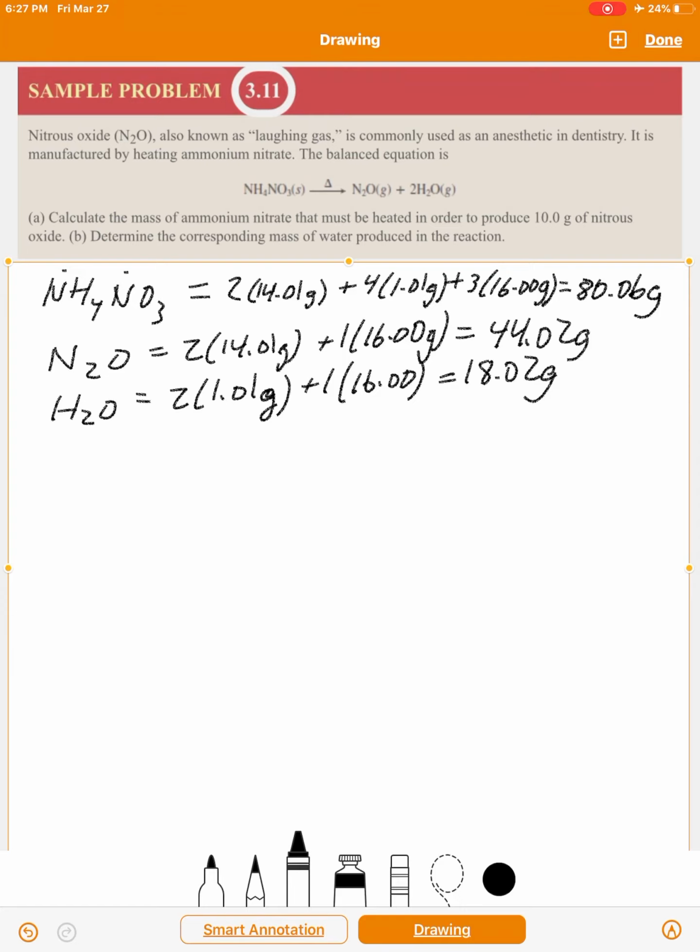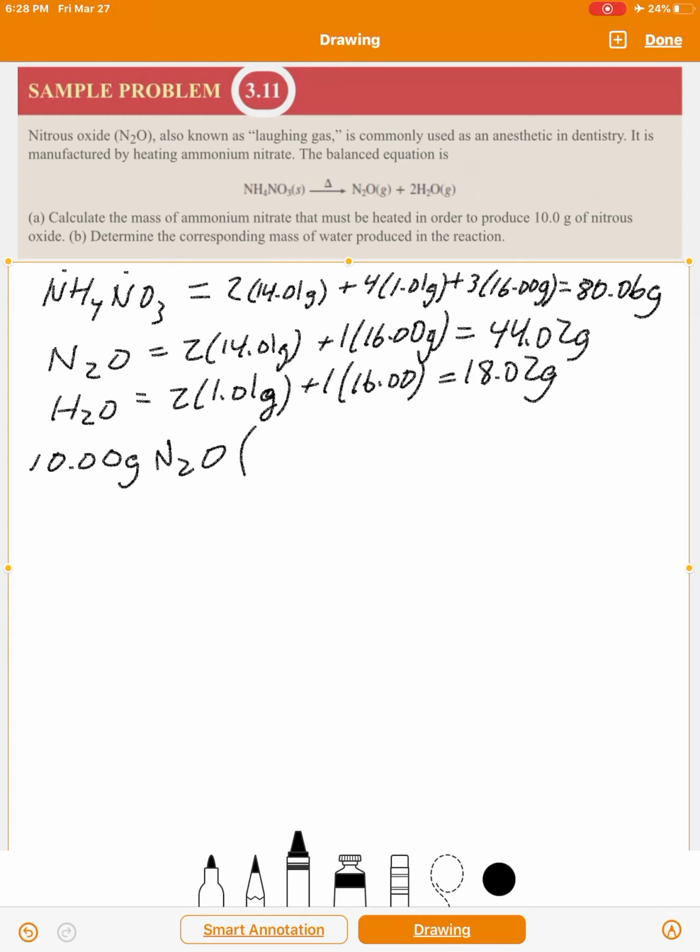So let's do part A. Calculate the mass of ammonium nitrate that must be heated in order to produce 10 grams of nitrous oxide. Remember, the nitrous oxide is the N2O. So 10 grams of nitrous oxide. Now, what we want to do is get this into moles. These types of problems, generally the first step is to convert to moles.